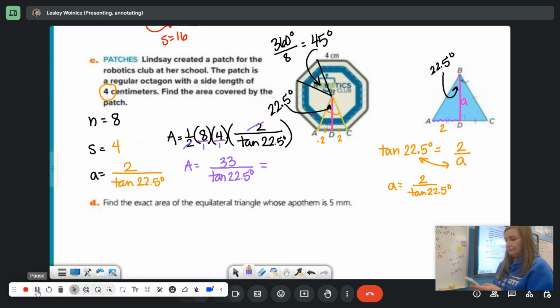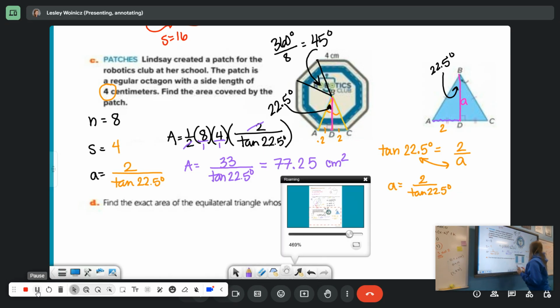I am. Okay. 32 divided by tangent 22.5. I'm getting 77.25. These are square centimeters.